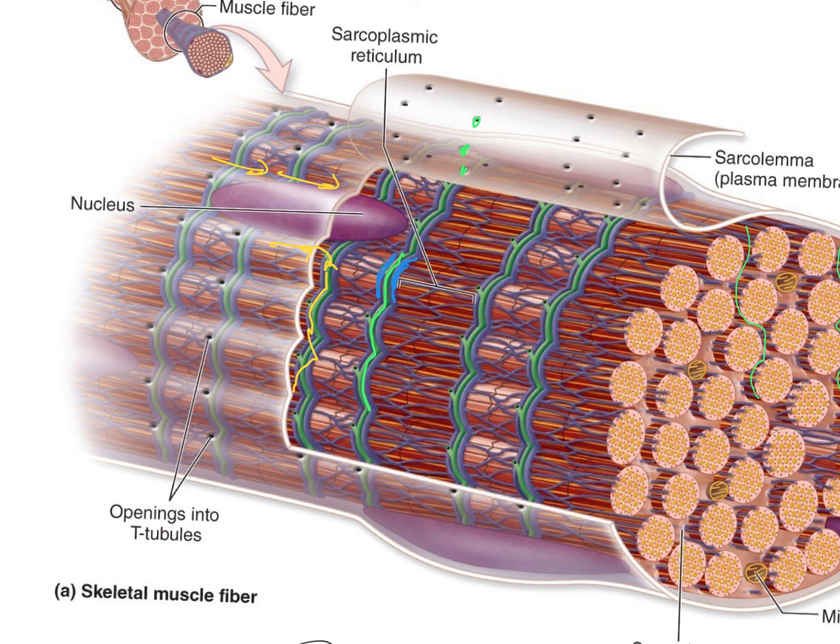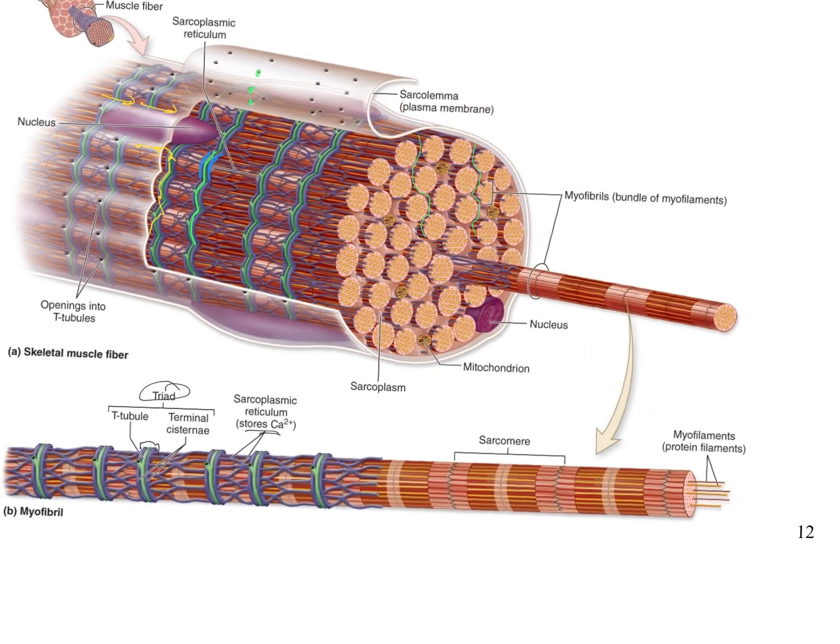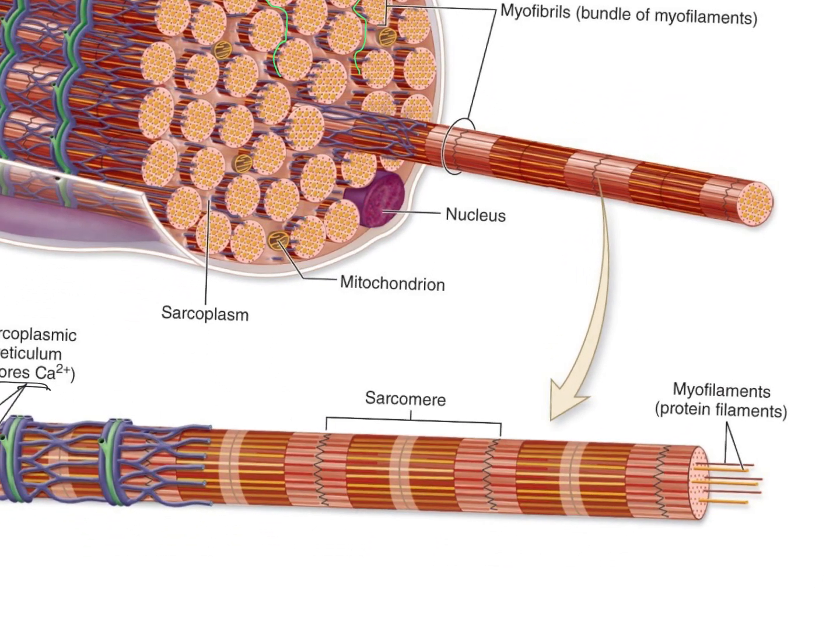Well, in those terminal cisternae are proteins that are sensitive to a change in electrical potential. The electrical charge changes and causes the terminal cisternae to release calcium. And then calcium is important and used for contraction. Okay, it's how we connect the electrical impulse, excitation, to the contraction. So we call it excitation-contraction coupling. Okay? And we'll talk about that on Wednesday of next week.